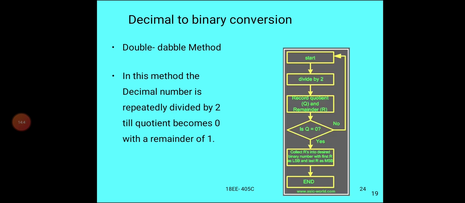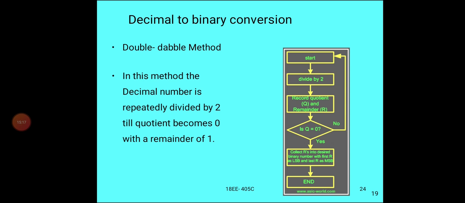The flow chart for this method: start, divide by 2, record the quotient Q and remainder R. The decision box is: is Q equal to 0?